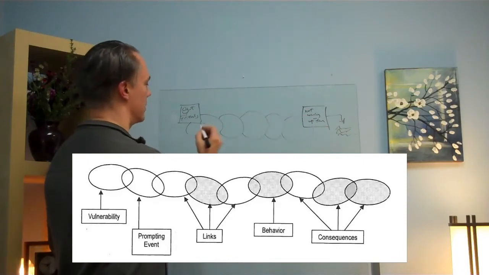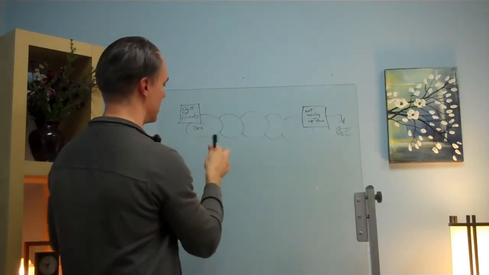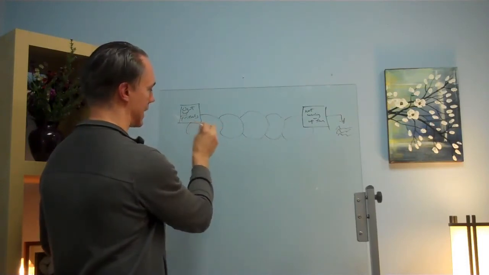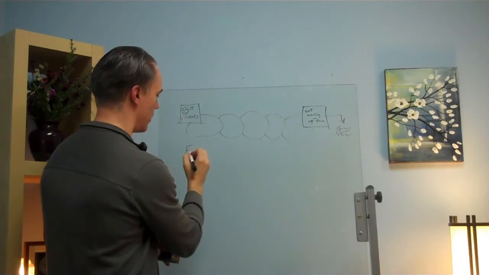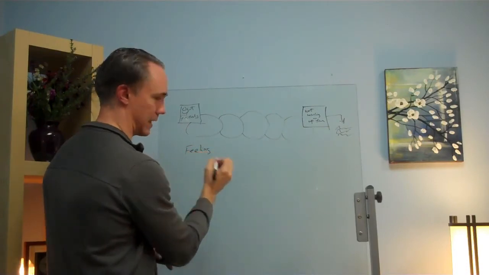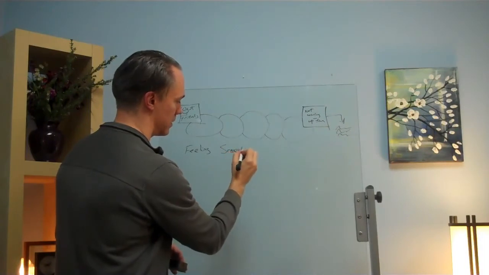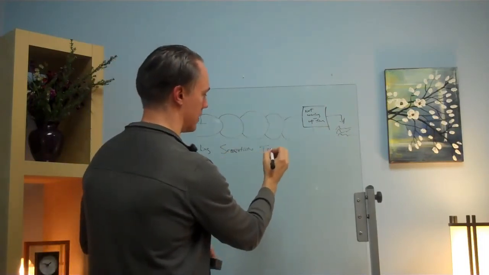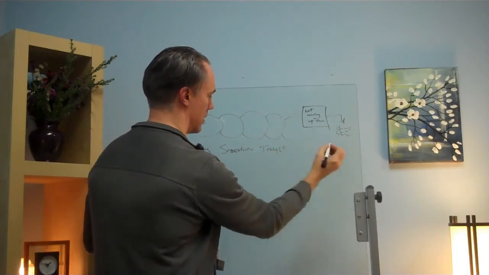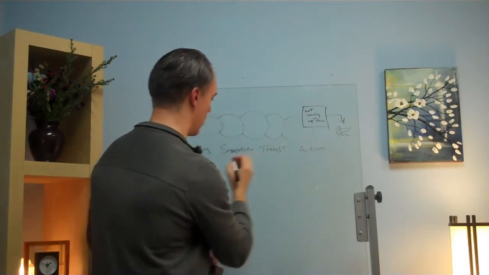So, out with friends. And so what we want to do is, inside of this box, inside of these links, we want to look at 5 different things. We want to see what was the feeling, what was the sensation, what was the thought, what was the action, and what was the event.